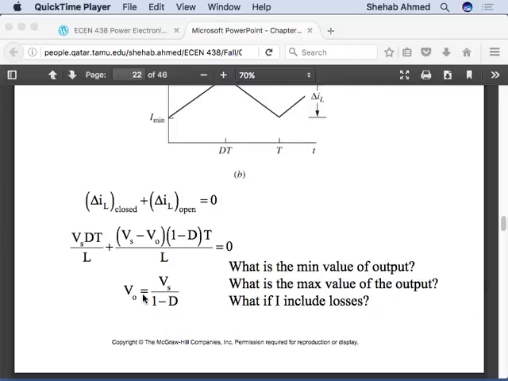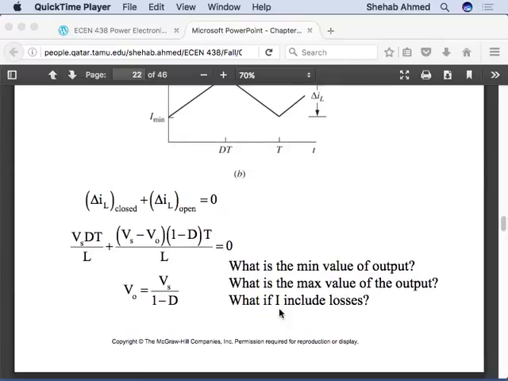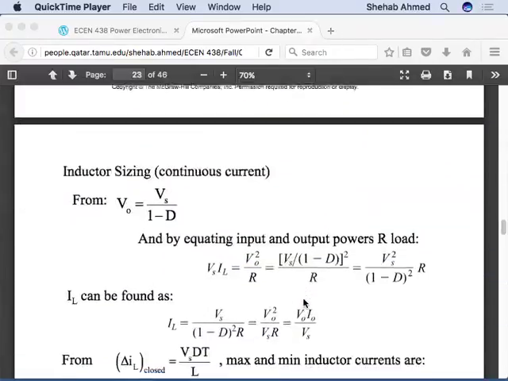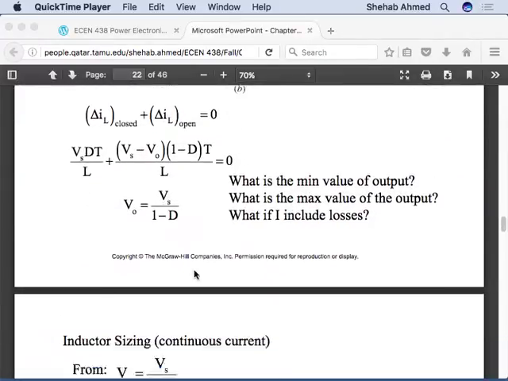I can store infinite energy, dump it into my capacitor, and raise its voltage to infinity. That's the theoretical explanation, and that's the case if I don't include losses. We will see the analysis with some losses included, and we will see the drawing of this next.